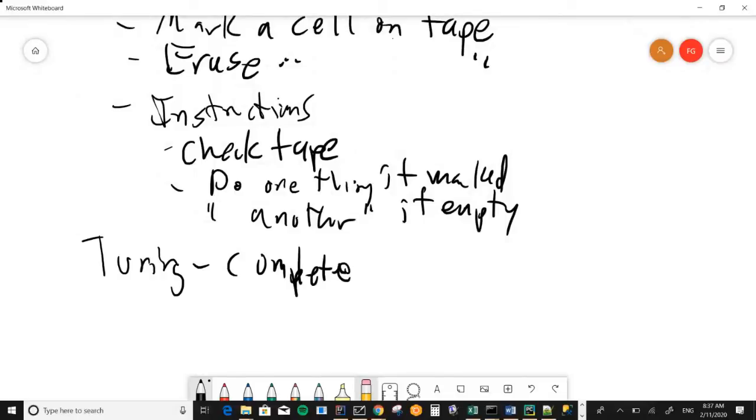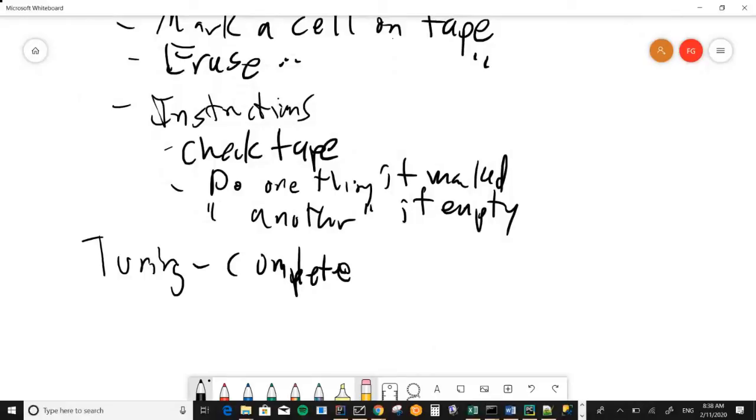So every programming language you've studied thus far is going to qualify as Turing complete. You can simulate a Turing machine in Python, in Java, in Haskell, what have you. Okay? You can even simulate one in Hack assembly language. It's not pretty, but you can do it.